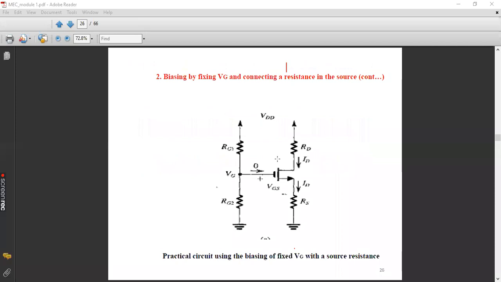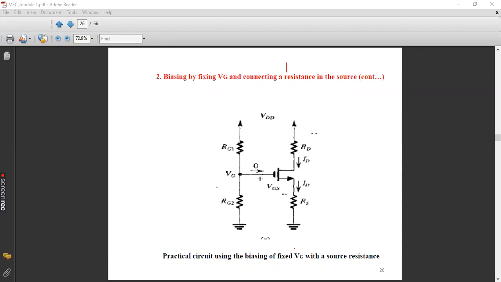So there you can't fit a battery and all, right? You will have one DC source, and from this DC source, you generate the required DC voltage wherever you want. So from this VDD, by making use of a potential divider network RG1, RG2, you can fix a constant voltage VG. So this is the practical circuit that you are using.